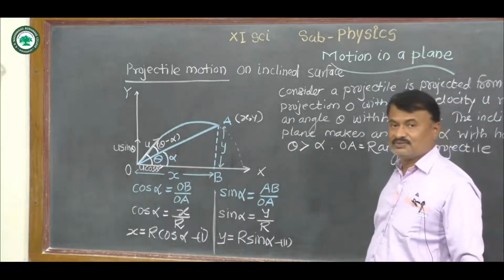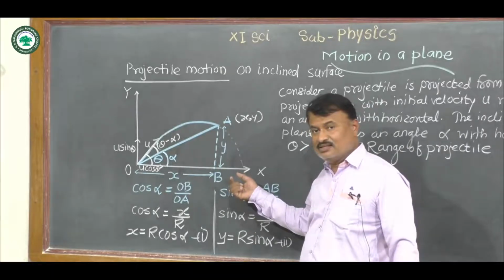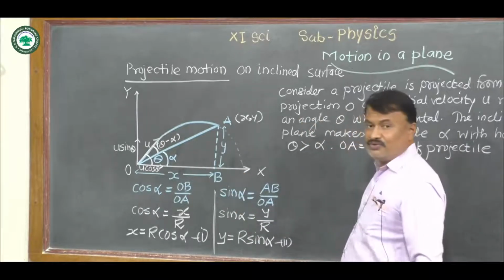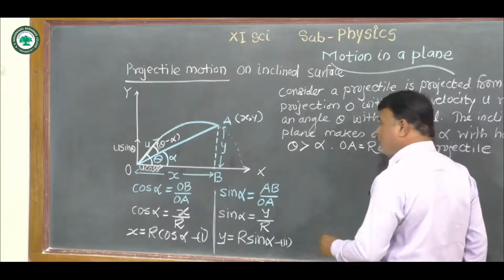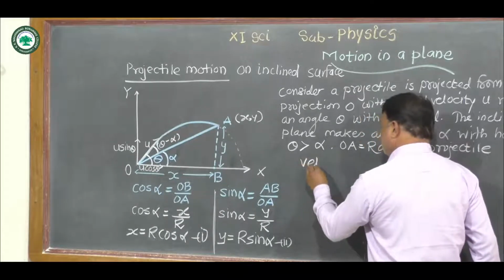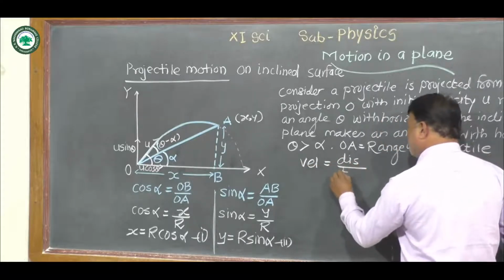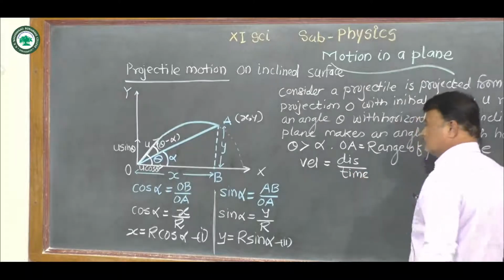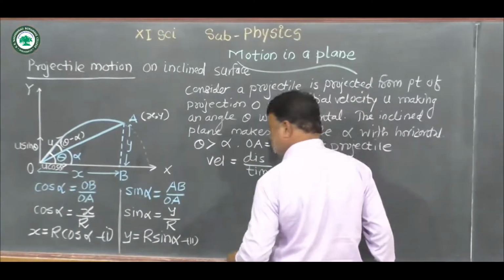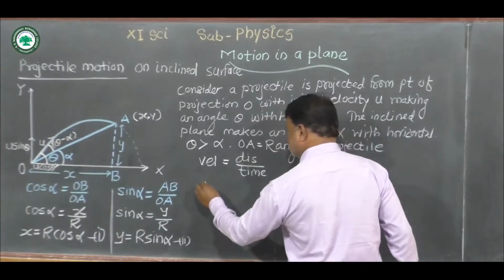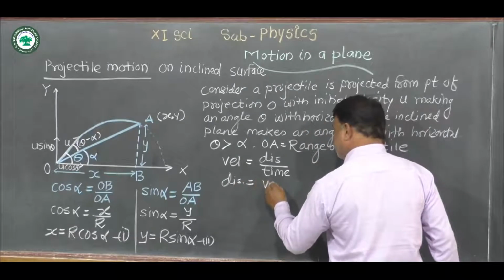Now, if you consider this horizontal distance, velocity, we know the formula for velocity. Velocity is equal to distance upon time. So rearranging this formula, we can write distance is equal to velocity into time.